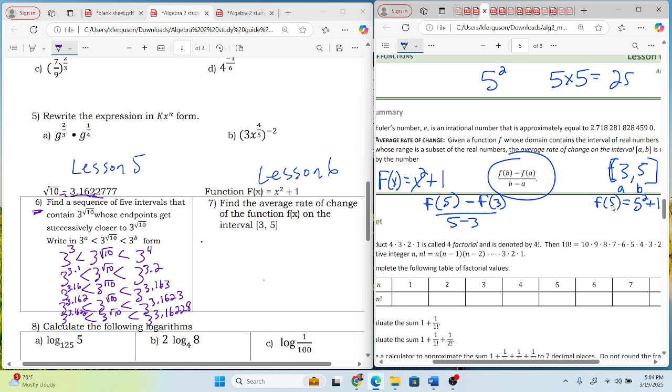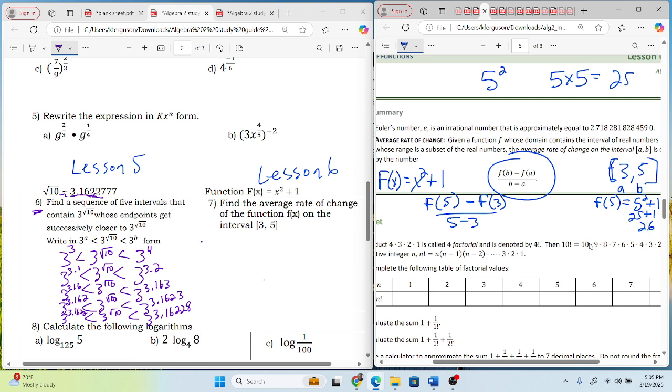So f of 5 with this function, x to the second power plus 1, I plug in 5 wherever there's an x, and now I have 5 to the second power plus 1. Well, 5 to the second power is 25, plus 1 is 26.